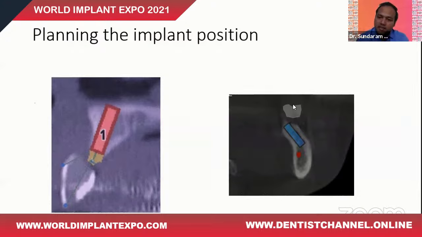Whereas if I get the implant placed directly like this, it is not going to happen well. If it comes up like this because the alveolus is bent, it is not going to come in line with the crown that I'm going to place in the future. So these are the precise uses of special preparations for CBCT that we do.